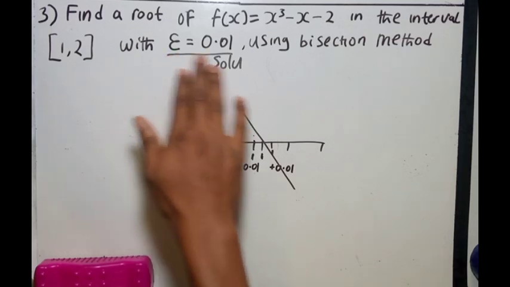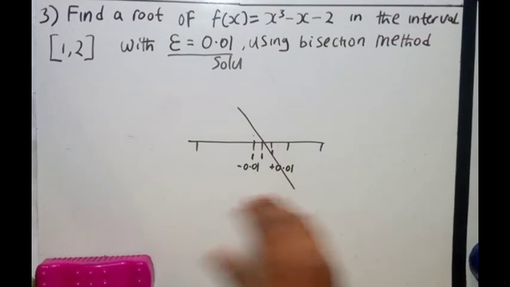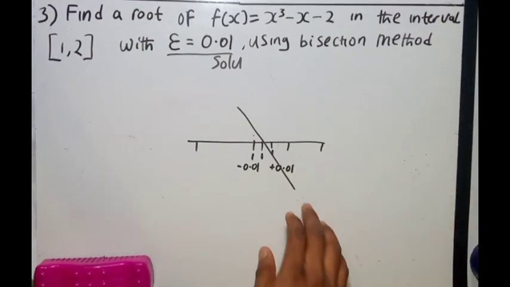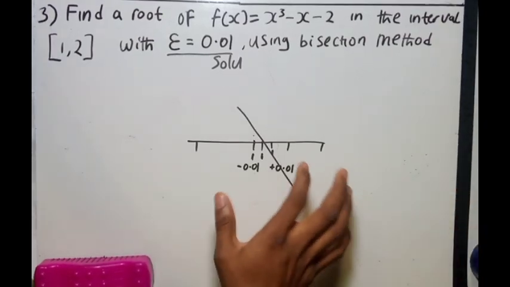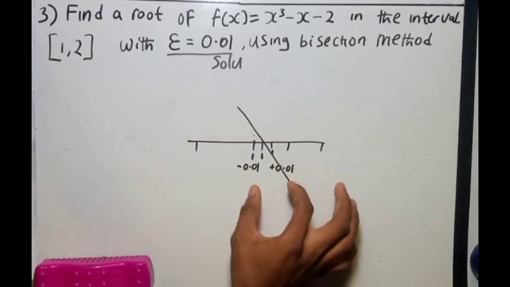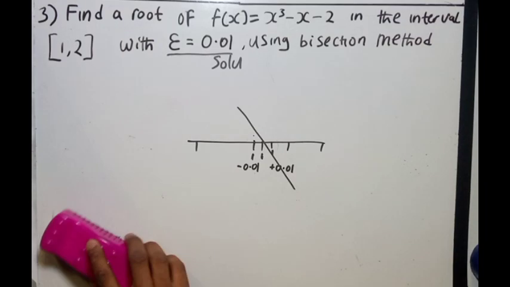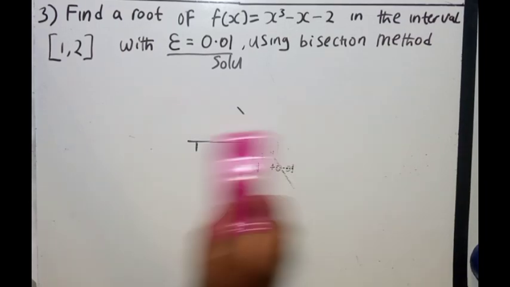So that's what the tolerance factor is all about. If we keep dividing, we get a lot of divisions and many decimal places. So in order to keep us in check, it tells us there is a particular limit. This is what is demanded from us. So we'll see that as we solve this.